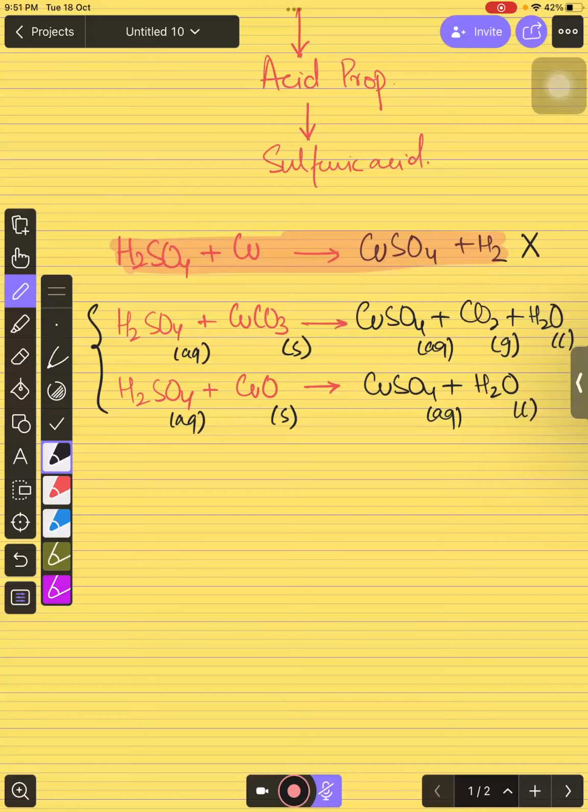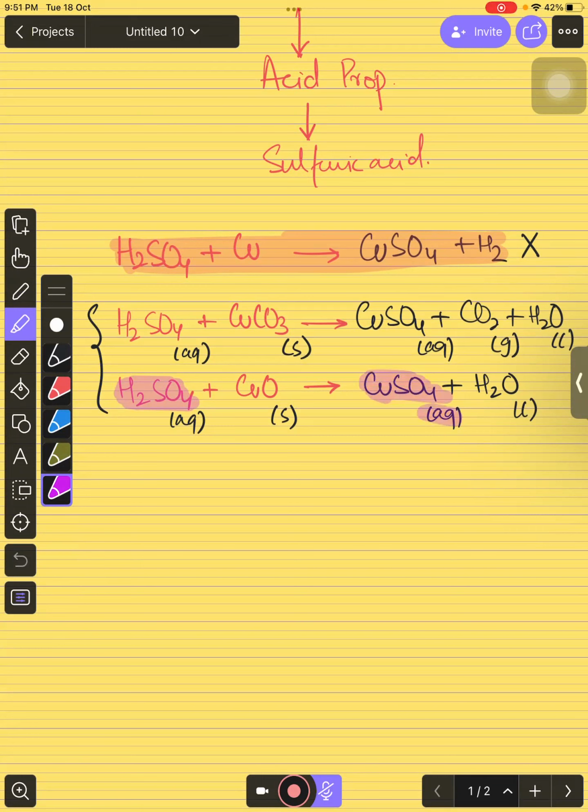Yes, sir. Now the thing to remember, bacho, is if one of the reactants for the formation of a soluble salt is soluble and one of the reactants is insoluble, you need to use the method mixing.